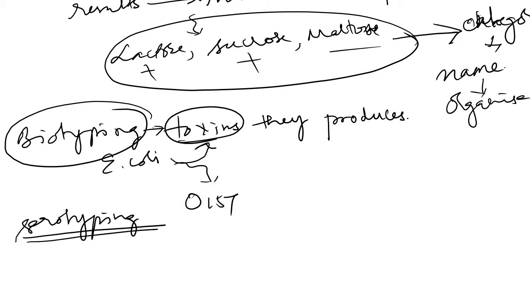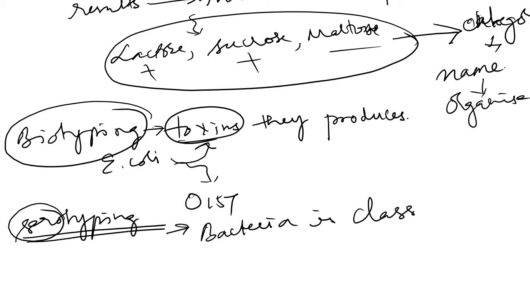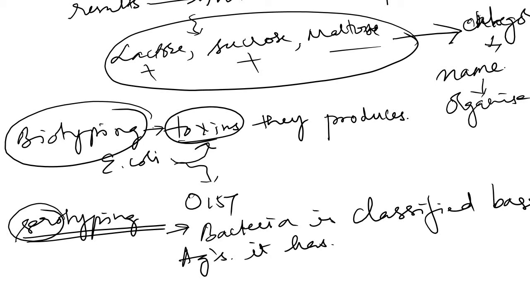This is based on serotyping. Sero refers to serology, that is mainly the contents present in the serum. So serotyping means the bacteria is classified based on antigens. Sometimes the bacteria are inert.